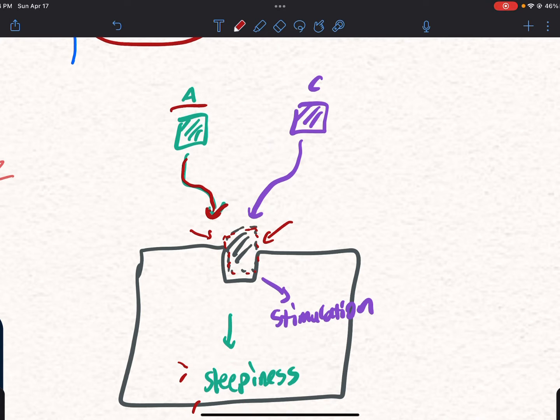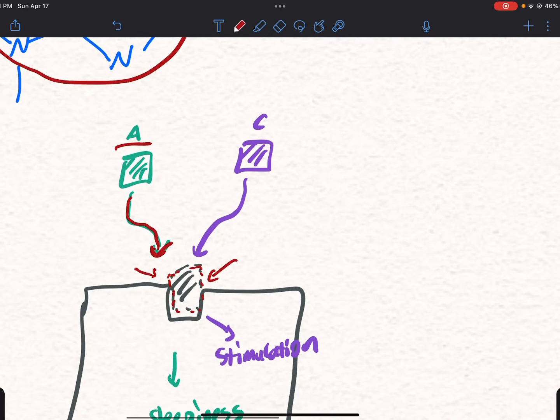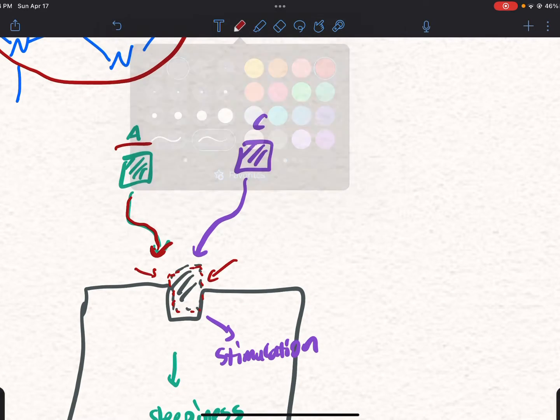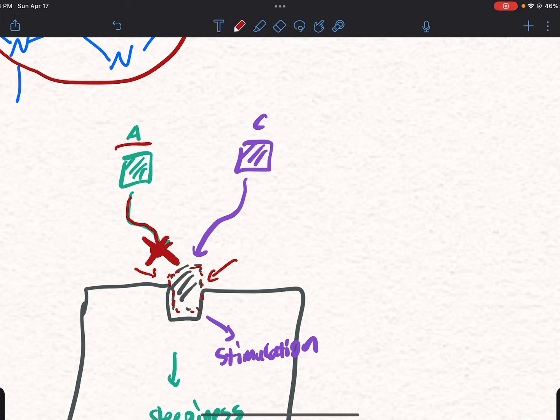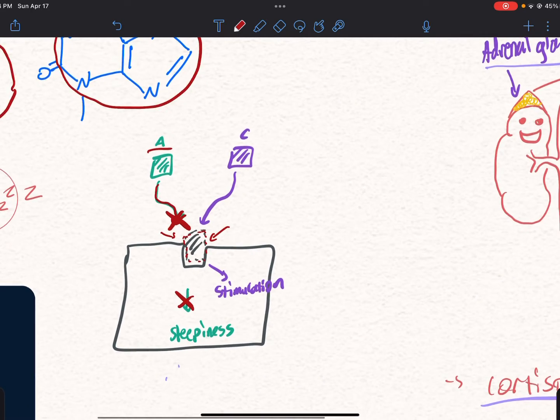In this case, caffeine, because it looks so similar, it actually kind of competes with this thing and blocks adenosine, thus blocking sleepiness, and it does the opposite, enhances and stimulates, right? Which is increased mood, energy, focus, alertness, all that good stuff.